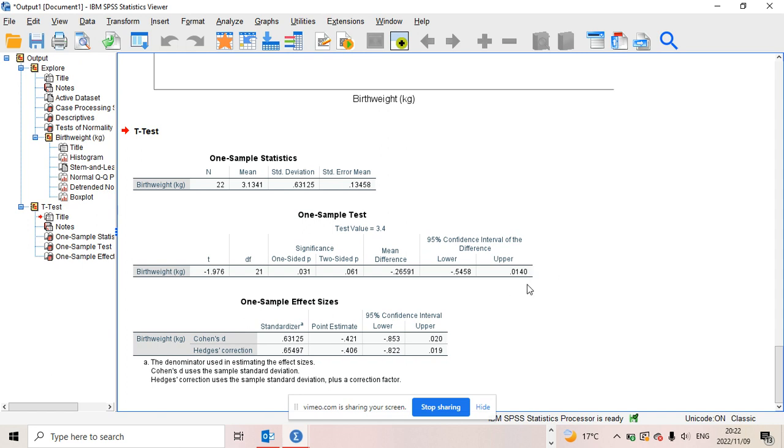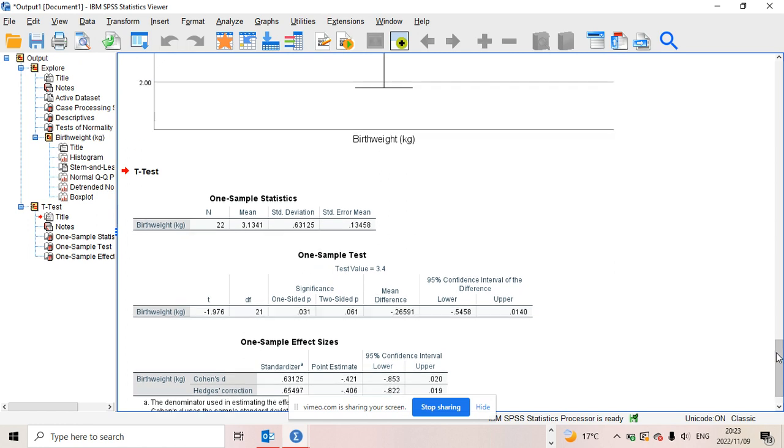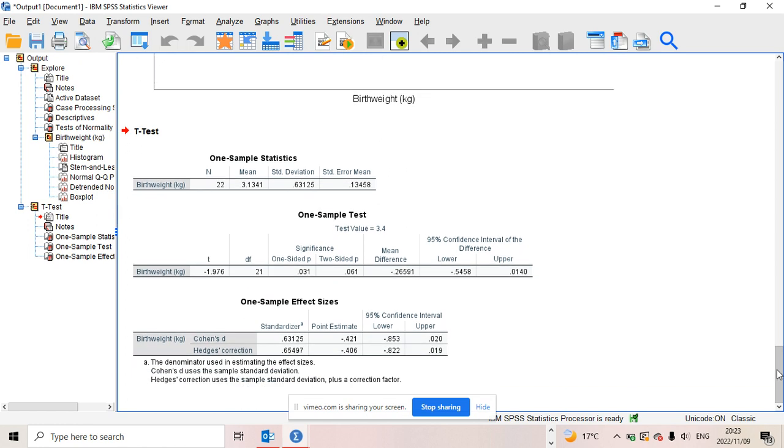Now, let's try to interpret these statistics to see whether to accept or to reject. Remember, we need to use the p-value as our basis, as a yardstick for determining whether to accept the null hypothesis or to reject it based on the level of confidence. So our level of confidence was 95%, right?